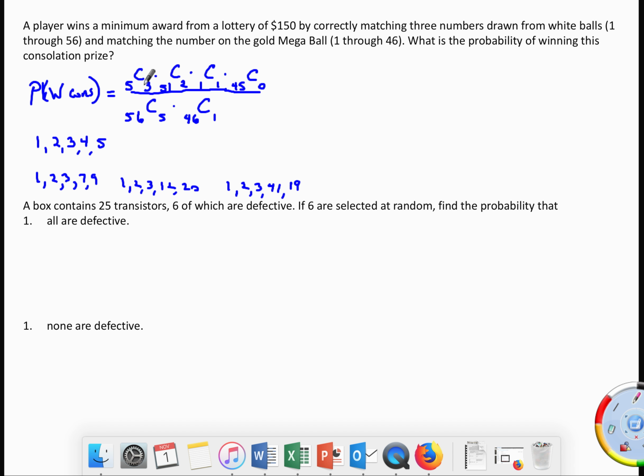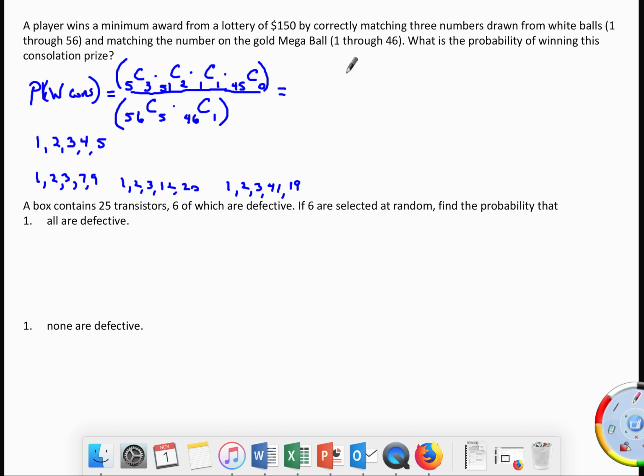If I only chose 3 winning balls, I also have to count the number of ways I chose those losing balls. Remember, when we put this in our calculator, we've got to put parentheses around numerators and denominators. All right? So don't forget your parentheses.